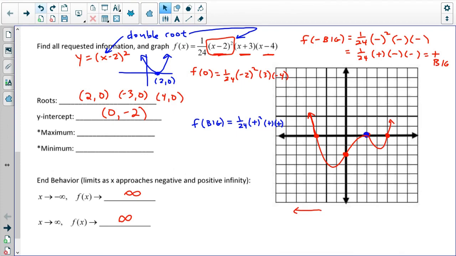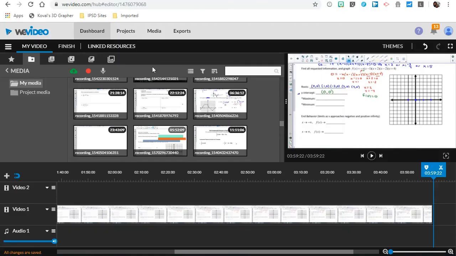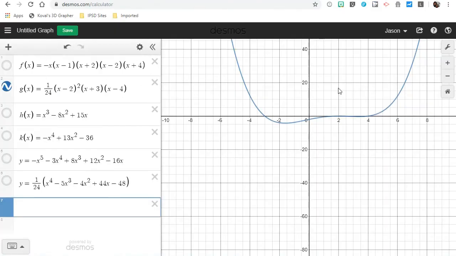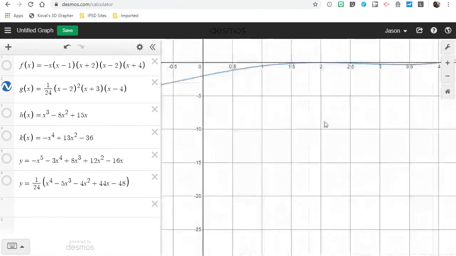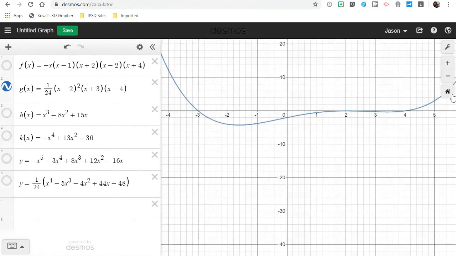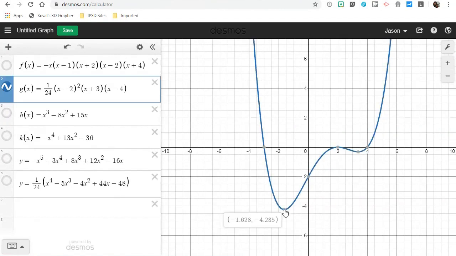Now, if I take a look at the Desmos version of this, my graph is there. That's a little bit better. So I can figure out my minimum value is at negative 1.628, negative 4.235.